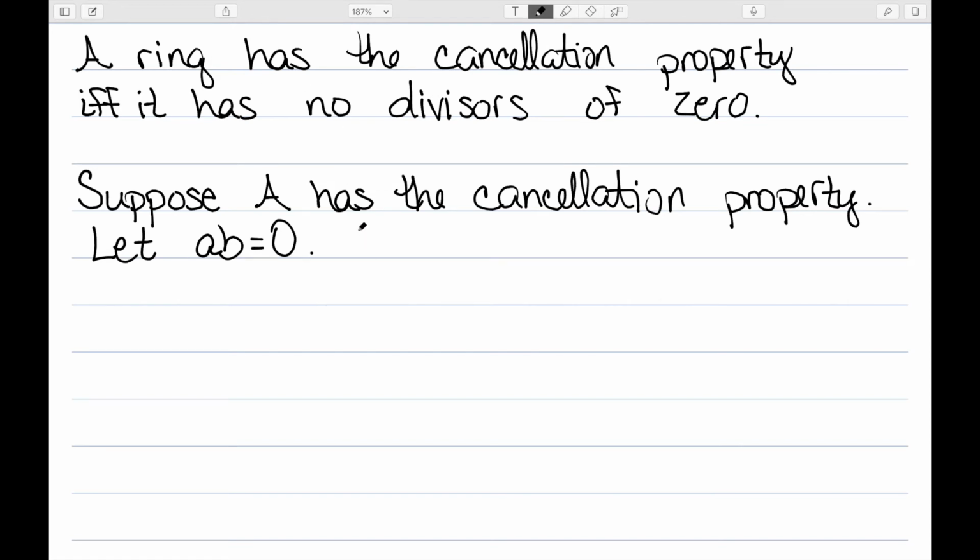Well, if A is equal to 0, then we're done. So let's assume A is not equal to 0. Then we have that AB is equal to 0, which is also A0. Using the cancellation property, I can cancel the A's and get that B is equal to 0. So if A is not 0, B must be. And that shows me that I have no divisors of 0.